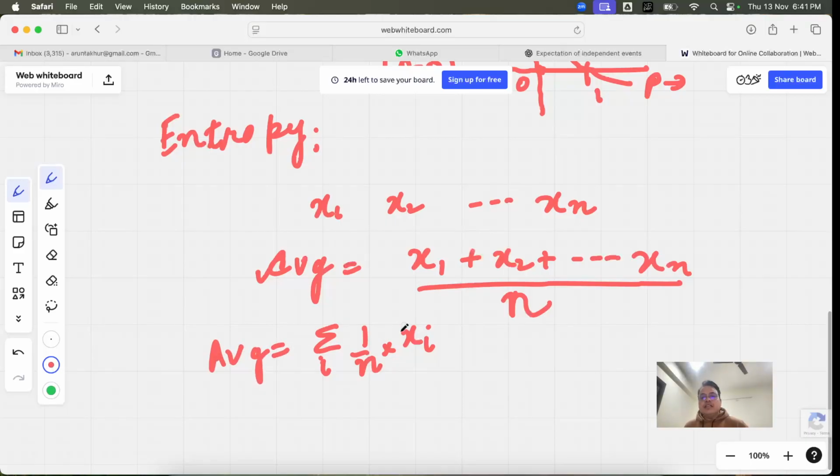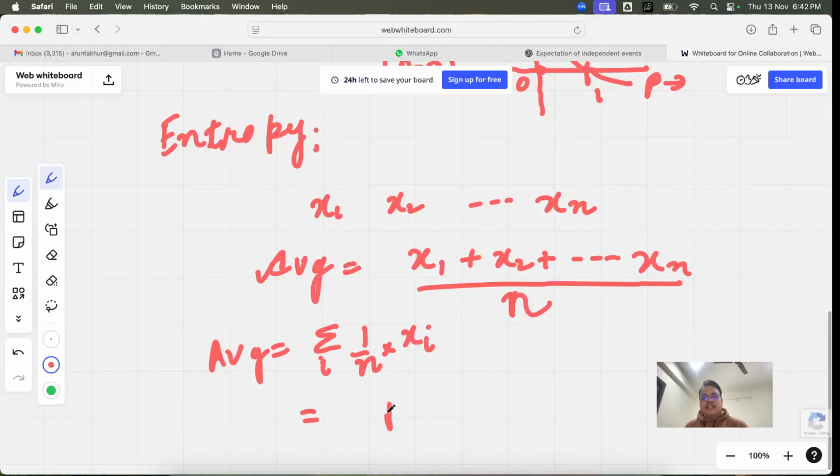Now, 1 upon n is the probability of seeing the ith element. Because 1 upon n says that every element has happened uniformly, the probability is uniform here, and each element is weighted by 1 by n. If elements are not uniformly weighted, this weight can be different.